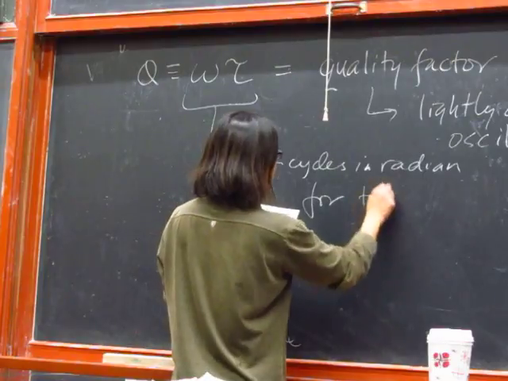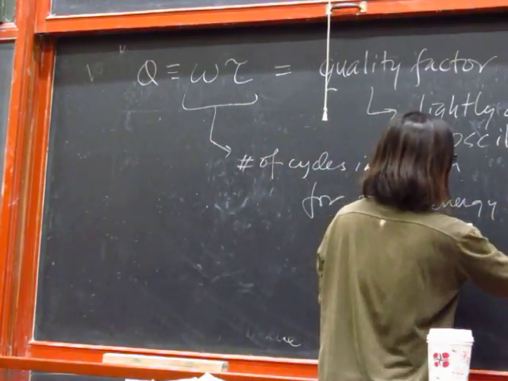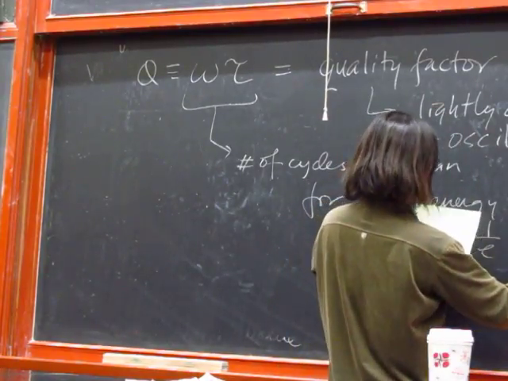That's the number of cycles for the total energy to drop to 1 over e.